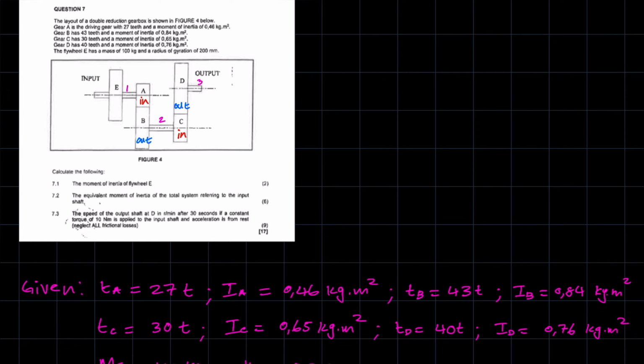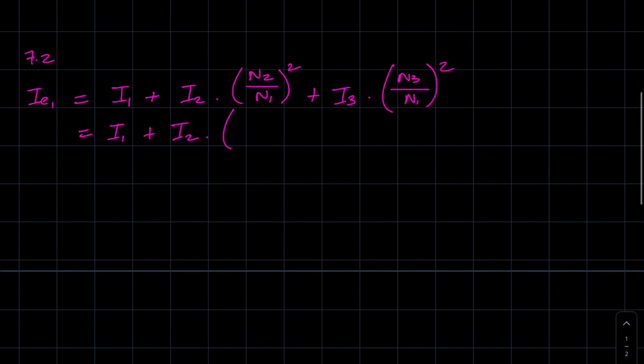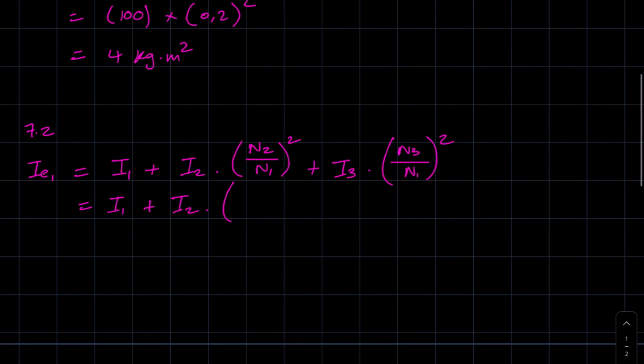So we look at the gears that are bringing these two shafts together, and those gears are A and B. Now we have N2 over N1.